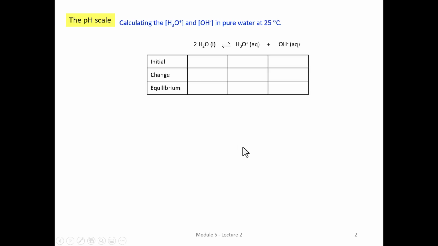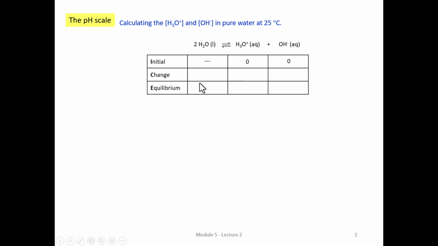So let's do that. What I've done here is set up an ice table. We have, of course, water on the left, hydronium ion and hydroxide on the right, and we're going to assume the concentration of hydronium and hydroxide ions start out at 0.